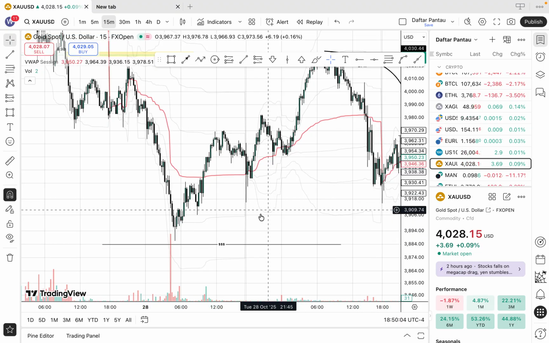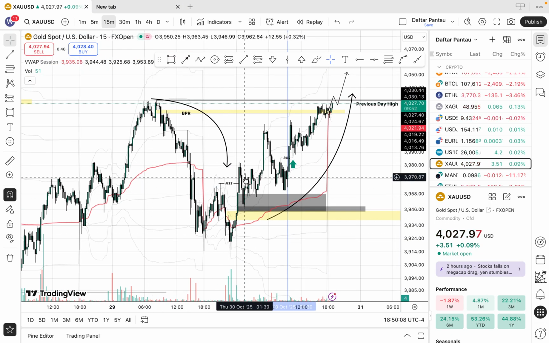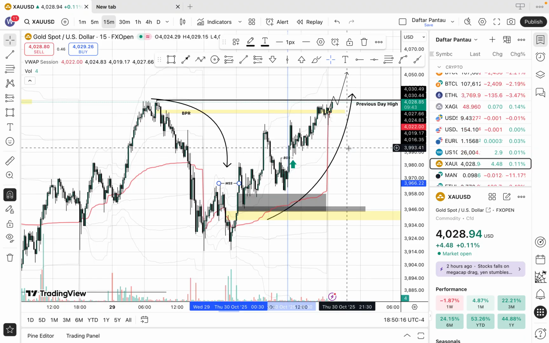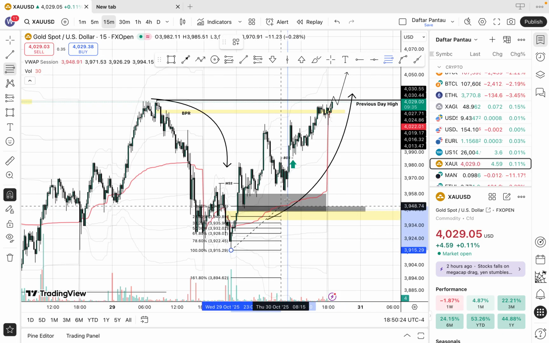So in here, there are market structures, okay? Break of structure. We can define it as a market structure or break of structure like this. What we should do is wait for the price to come to the discount zone, right? We draw the fair value gap.